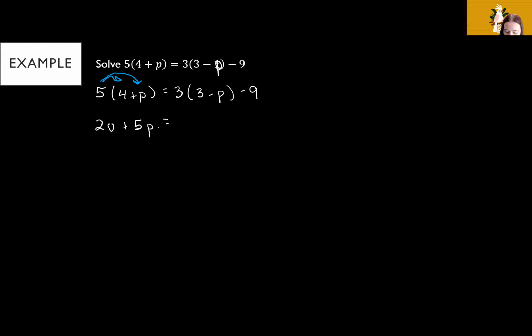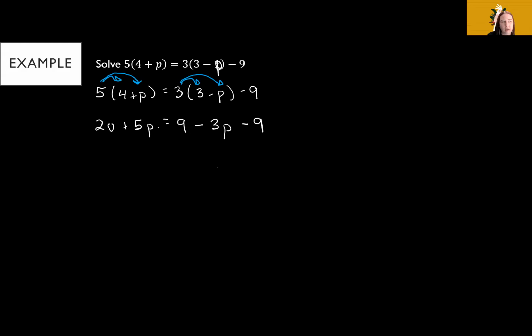On the right, you're also going to distribute 3 times 3, and then 3 times a negative p. So 3 times 3 is 9, and then we're going to minus 3 times p is 3p. So we have 9 minus 3p, and then I have a minus 9 here.